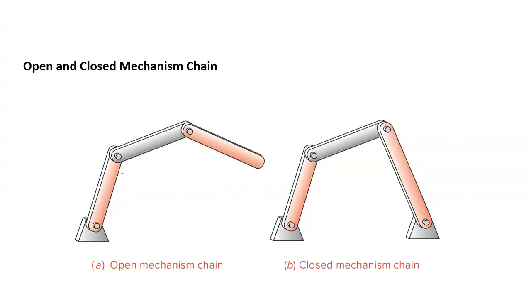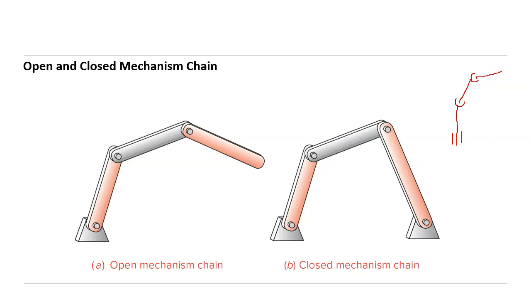So open means like a robot. If we talk about a robot like this one, it has to rotate, and has such a joint, and also such a rotary joint.